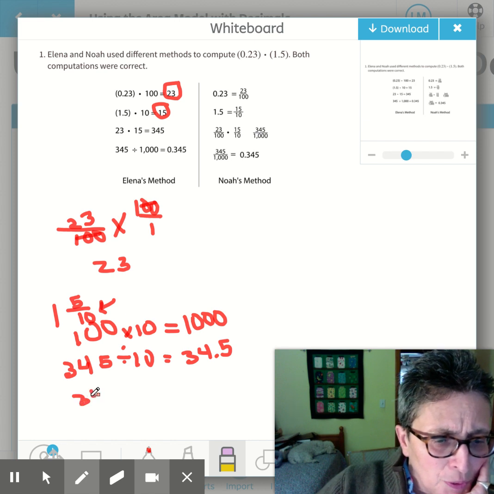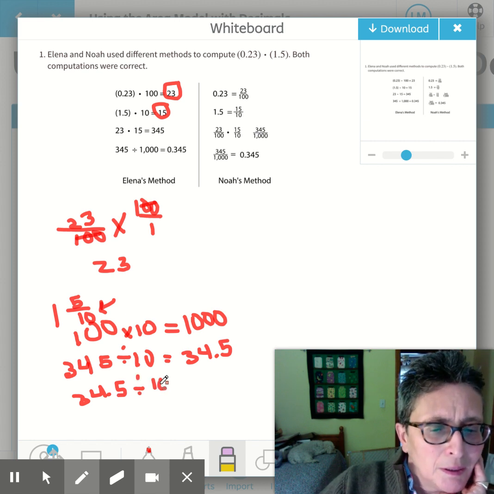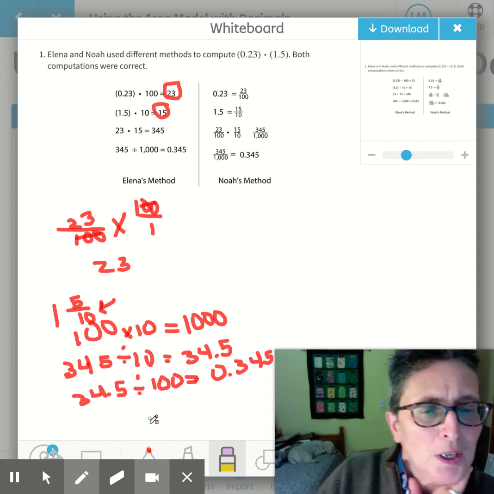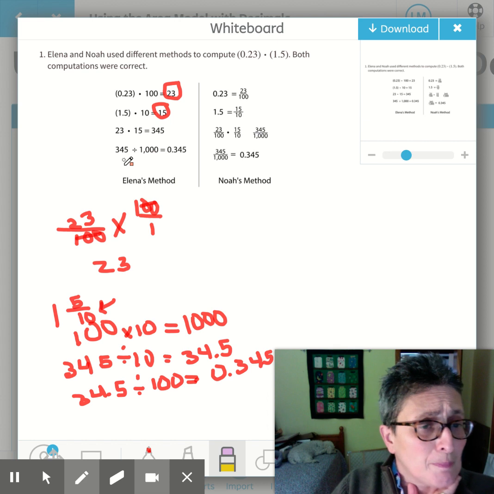So 34.5. Now she has to divide that by 100, and she gets 345 thousandths. So that's where all of those numbers came in Elena's method, and it works.